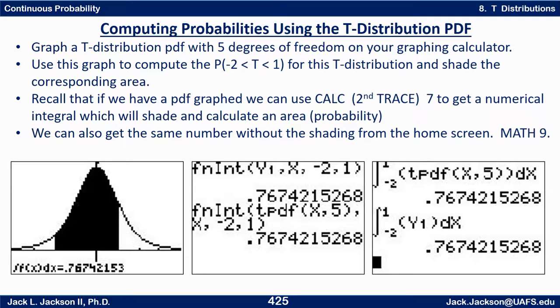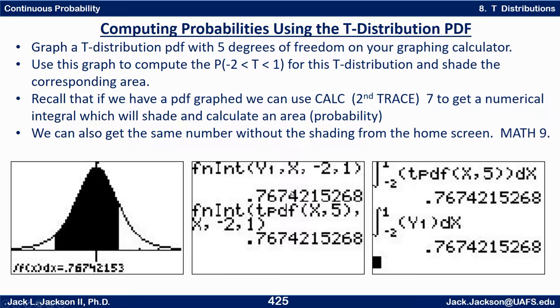Okay, so now how can we figure out from the home screen what the probability is? Well, if we've got this formula in as Y1, we can just integrate from -2 to 1, the tPDF(x, 5) dx, or since it's stored in Y1 already, the integral from -2 to 1 of Y1 dx.